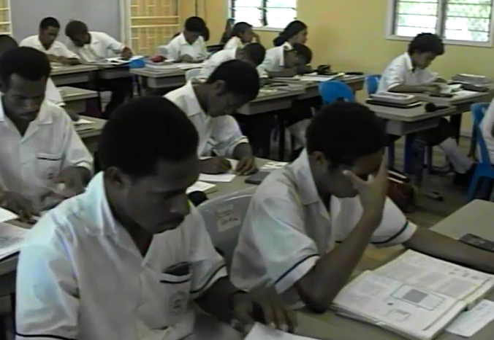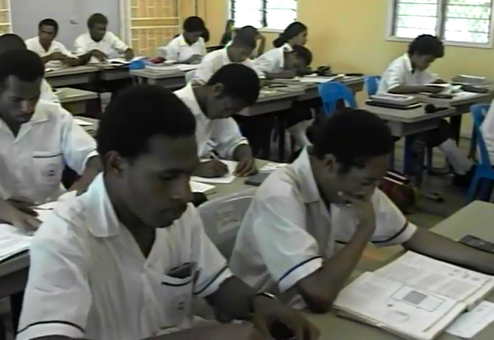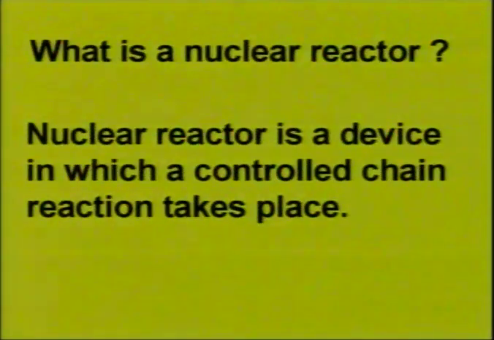All right, you can write down the definition, and then after looking at the definition, we'll go on to looking at the parts and functions of each part of the nuclear reactor. Also, if you have your textbook, that is Physics Matters, you can turn to page 270. That is for the moral students.